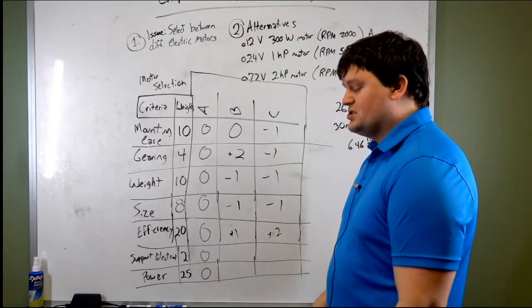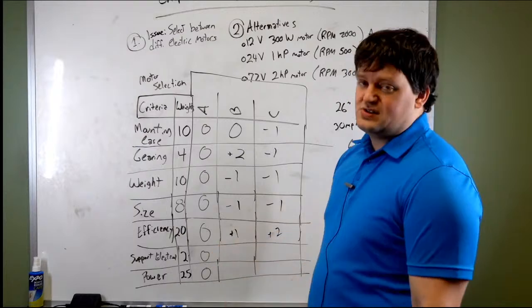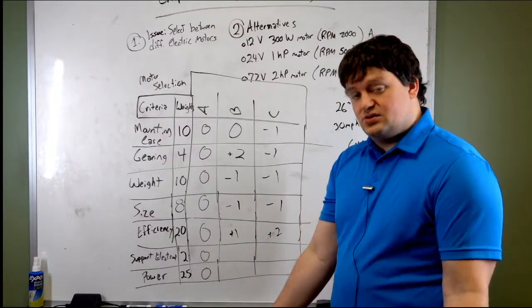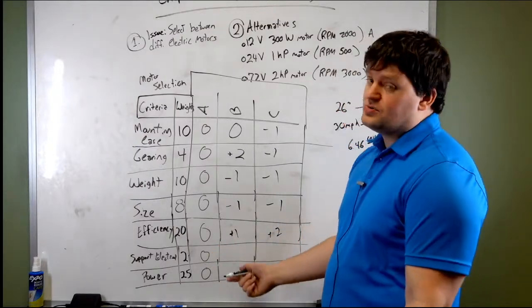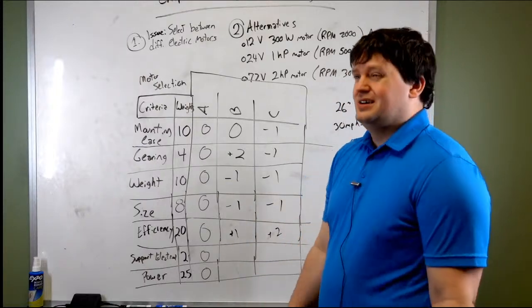Now as far as support electrical goes, quite frankly, a 12-volt system is really easy to work with. There are 12-volt batteries out there. There are also 24-volt batteries out there. There are also 72-volt batteries out there.